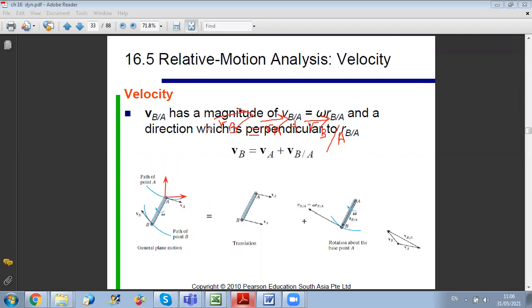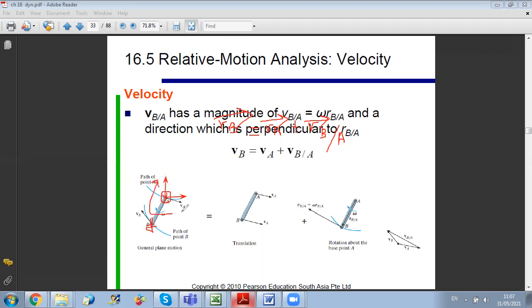Okay? Last time we introduced the first approach that considered 2 points of one rigid body. And in this case, we take at A a frame that is translating, not rotating. In case the frame is translating, then when you look at B relative to A, B is doing just rotation about A. Okay?